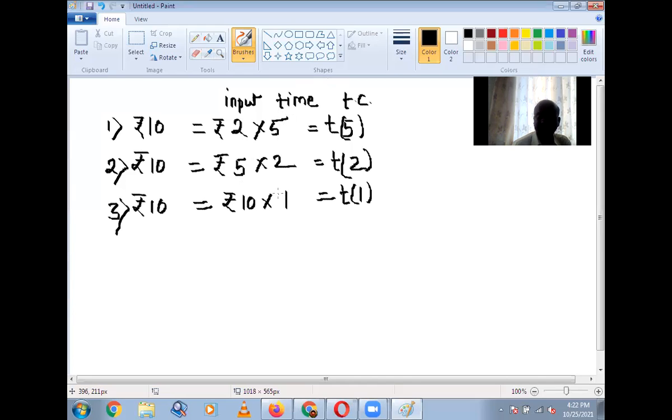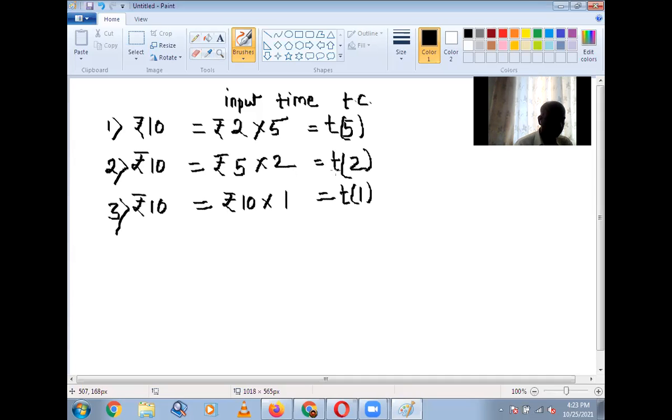If the input is increased, time also increases, but it will reduce the time. If the input is increased, it will amortize the complexity. That is, it will take the average case time complexity.